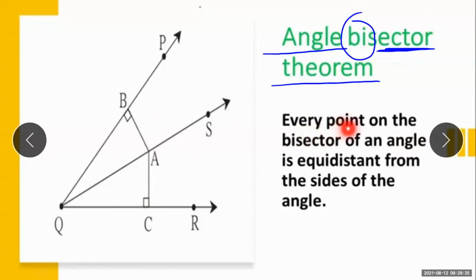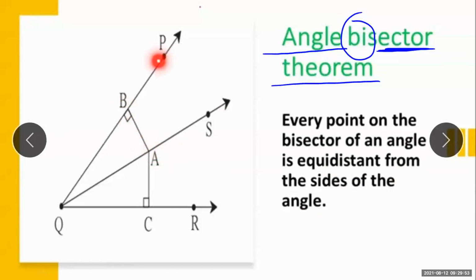So every point on the bisector, like point A, is equidistant from the sides of the angle. Equidistant means this point A is at the same distance from the sides of the angle.